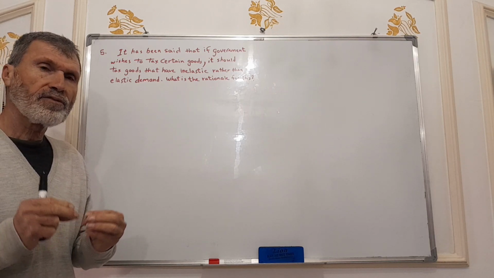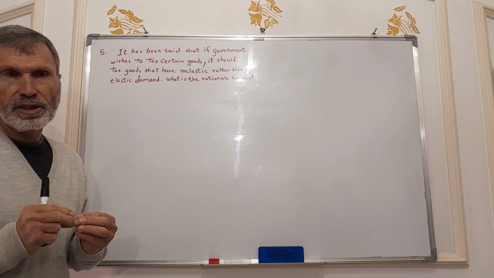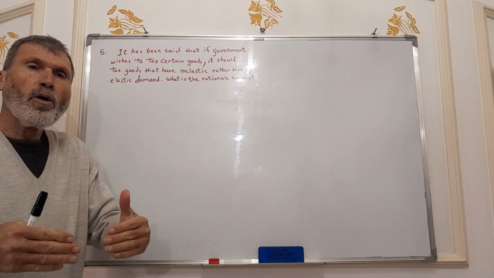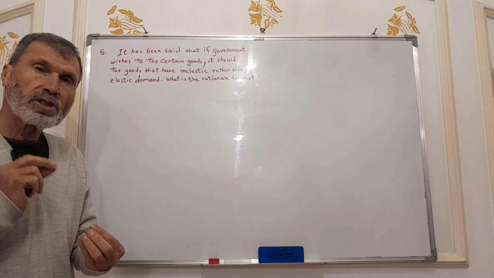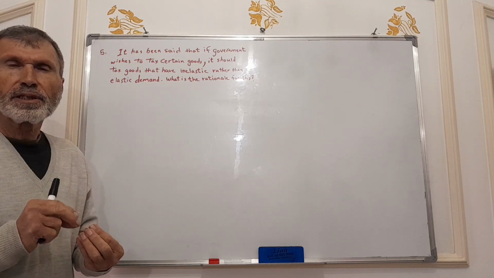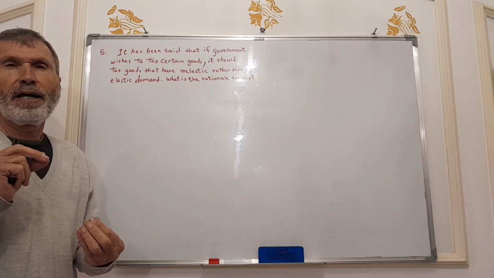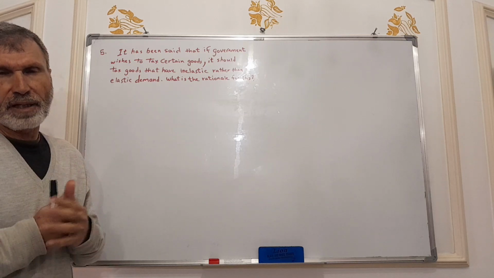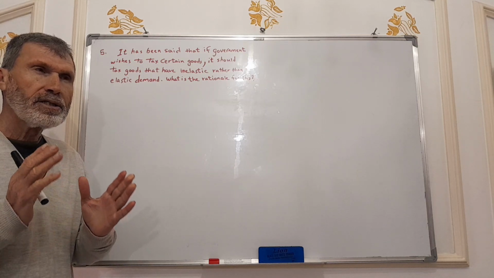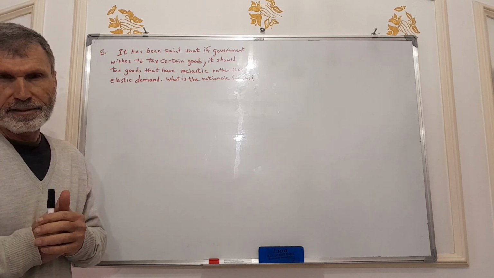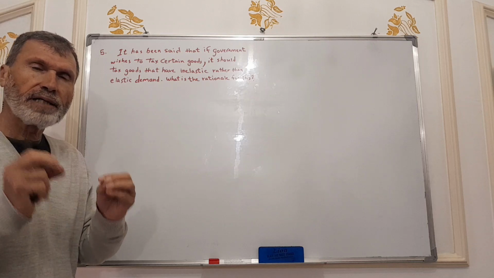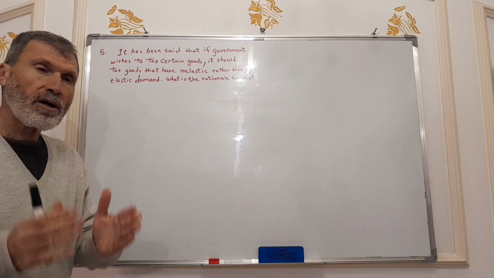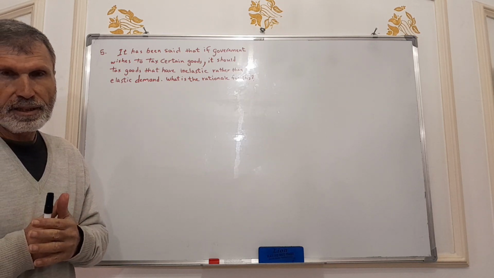If the objective of the government is to gain more tax revenues, then the government should tax the goods that have inelastic demand. Why should the government tax the goods that have inelastic demand rather than elastic demand?